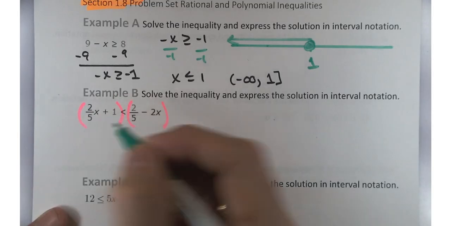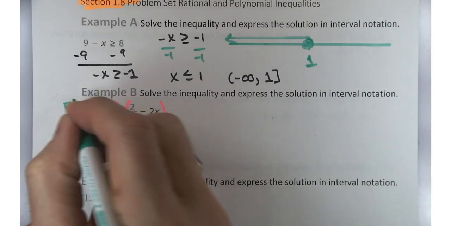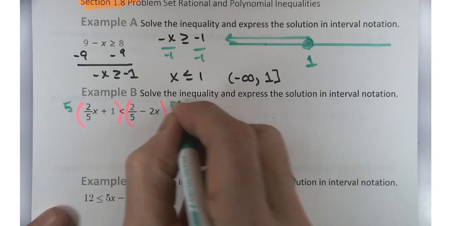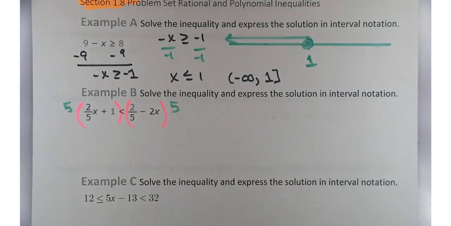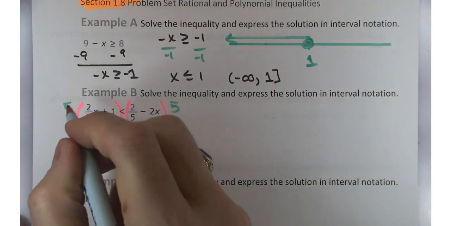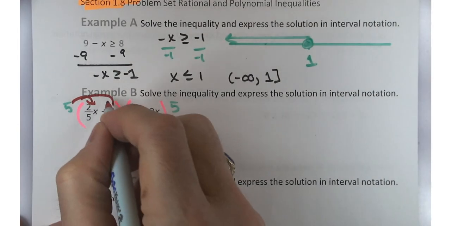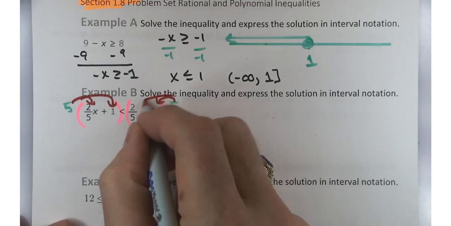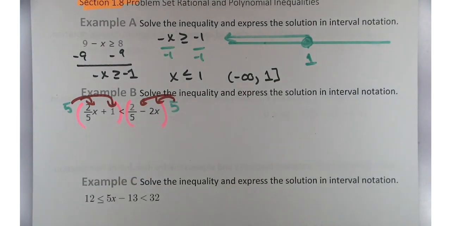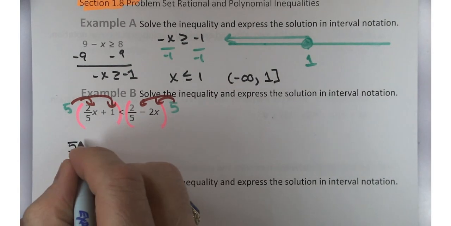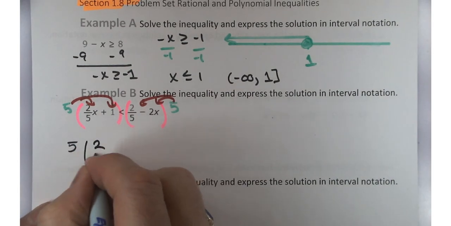There's only one, right? It's just 5. So multiply this by 5 and this by 5. When you do that, I think the biggest mistake I ever see on this is that people forget to distribute it to both terms. So for instance, for the first part we get 5 times 2/5 x.